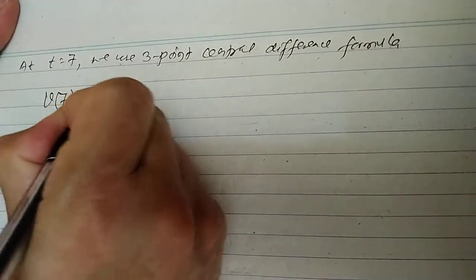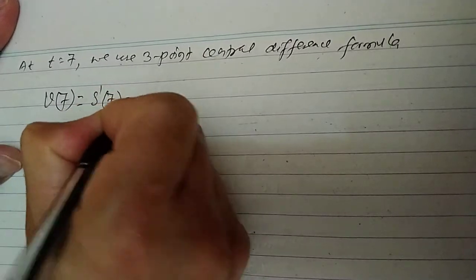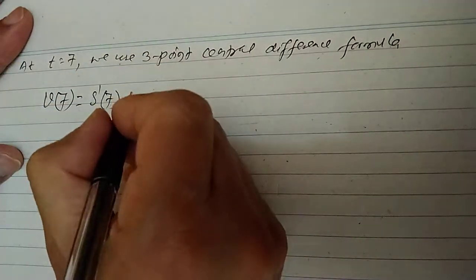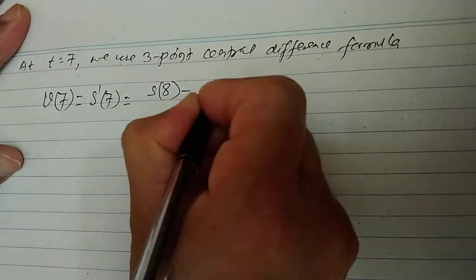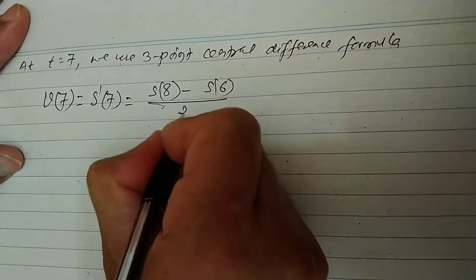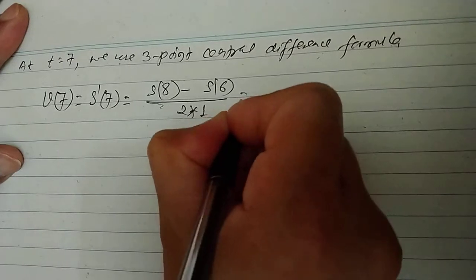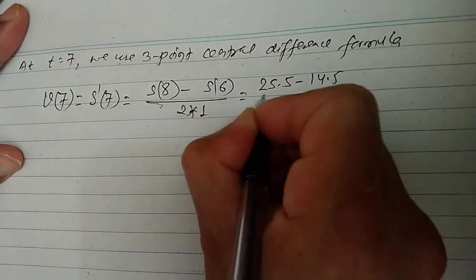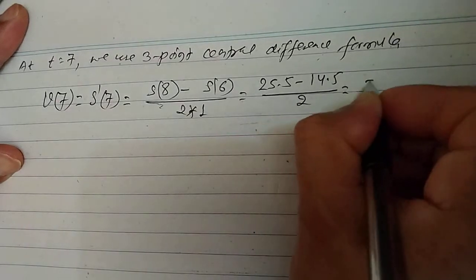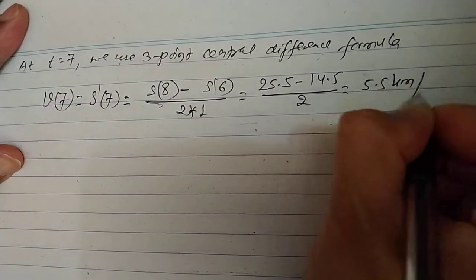So velocity at 7 will be equals to first order derivative of distance at 7, s dash 7, so that will be equals to s of 8 minus s of 6 divided by 2 into h, that is 1. So 25.5 minus 14.5 divided by 2, that will be equals to 5.5 kilometer per second.